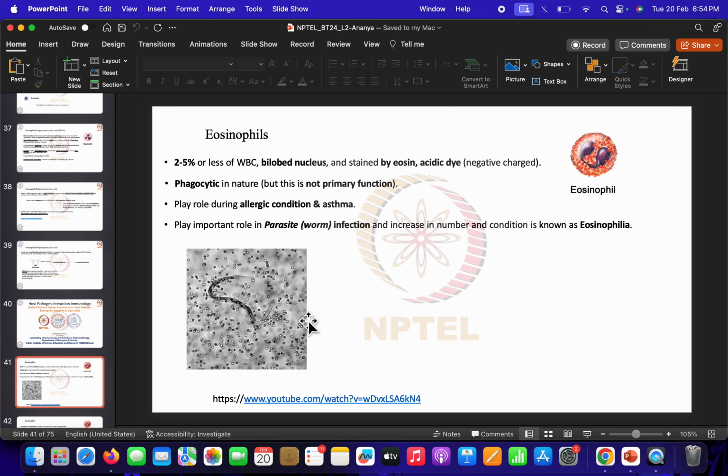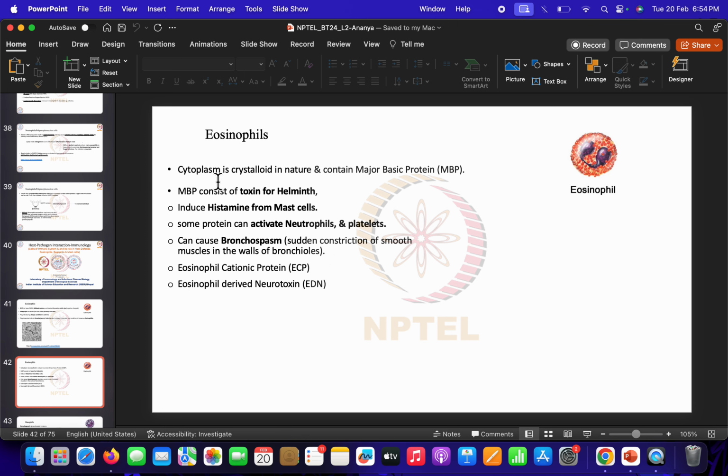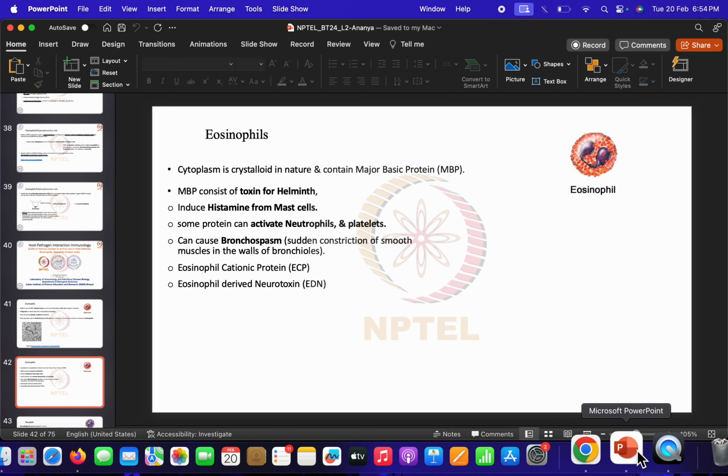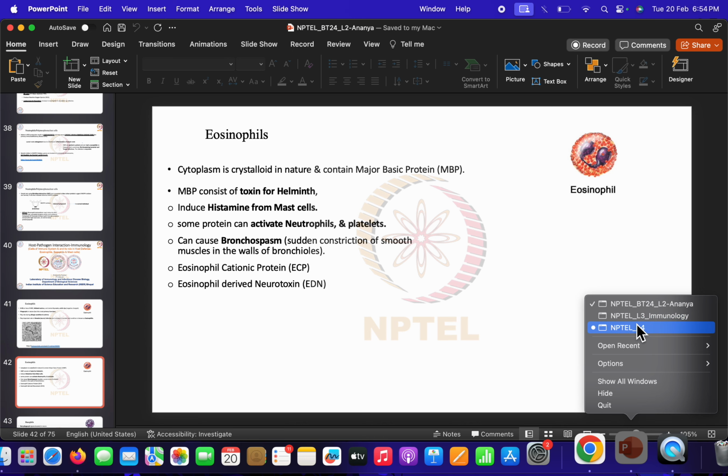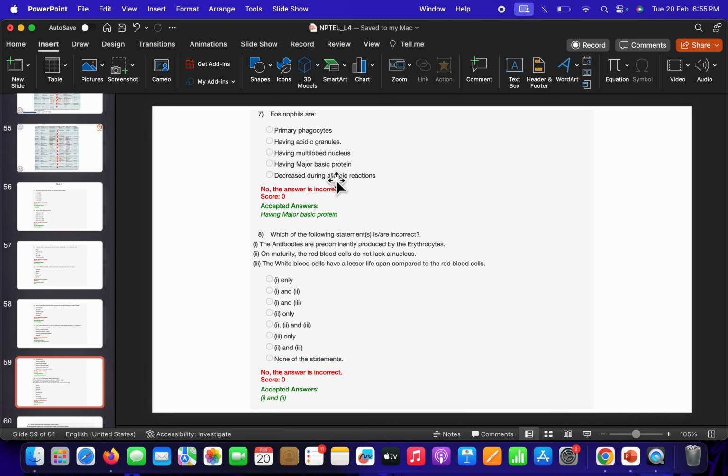What does the cytoplasm of eosinophil contain? It is crystalloid in nature and contains major basic protein, or MBP. Major basic protein consists of toxin for helminths and induces histamine release from mast cells. So the answer is in lecture 4: eosinophils have major basic protein.